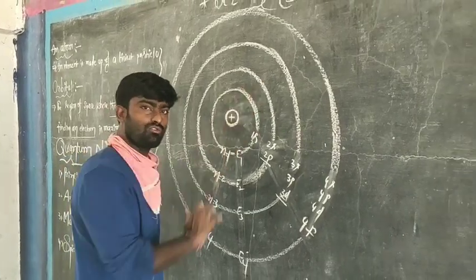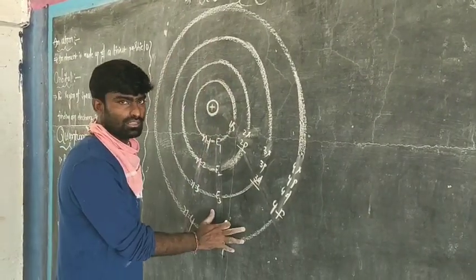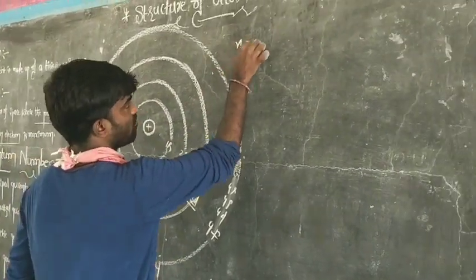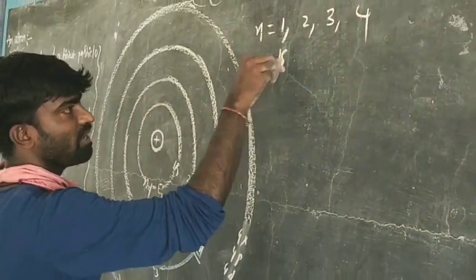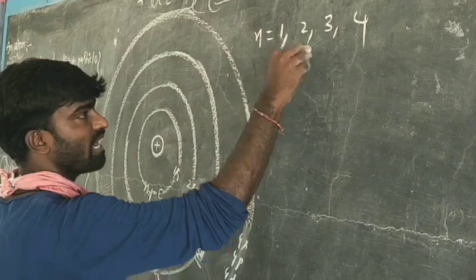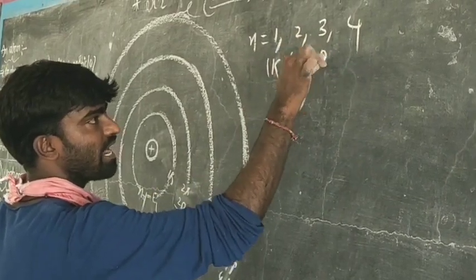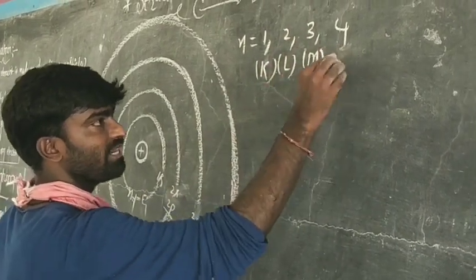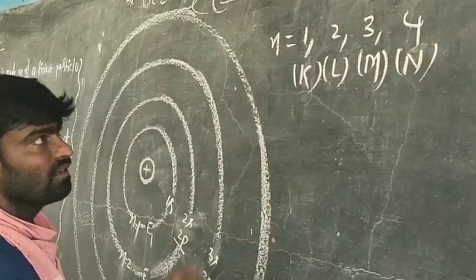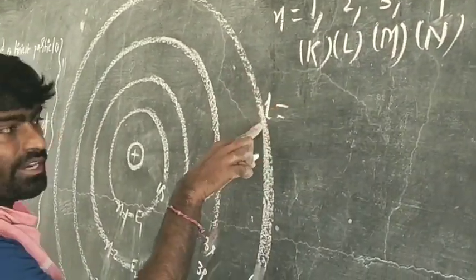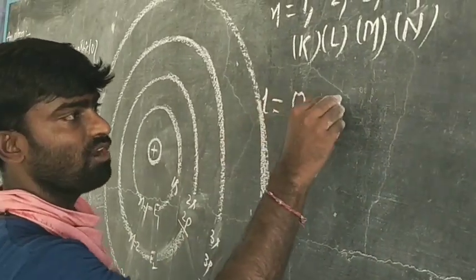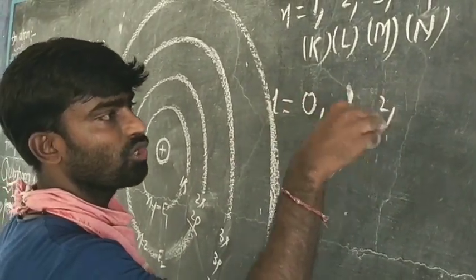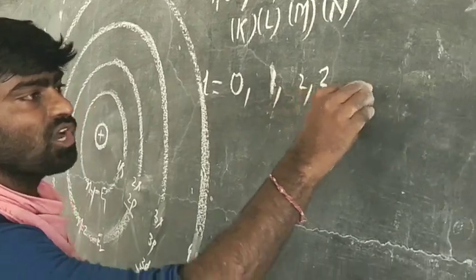Then we go for the other quantum numbers. Let's have the values. N equals 1, 2, 3, 4. 1 is nothing but K. 2 is nothing but L. 3 is nothing but M. 4 is nothing but N. And the second quantum number is denoted by l, whose value starts from 0, 1, 2 and 3 and so on.